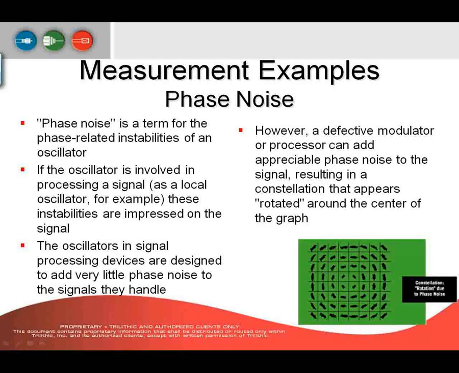The oscillators in signal processing devices are designed to add very little phase noise to the signals they're handling. However, if you have a defective modulator or a processor in the head end, it can add to phase noise, and it'll look like the actual constellation pattern is rotating.